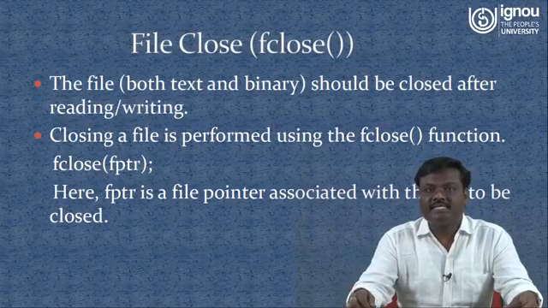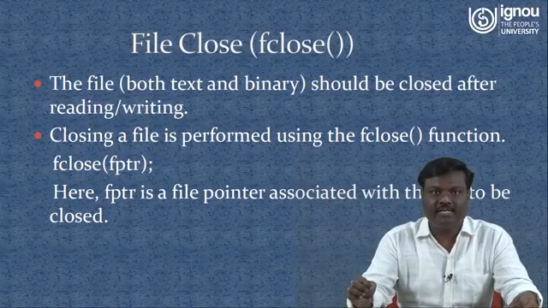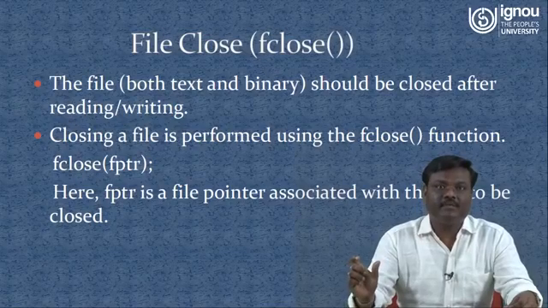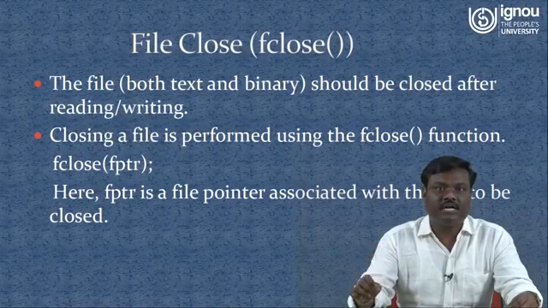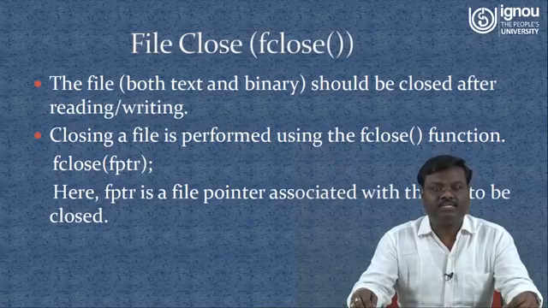You can see the syntax over here. You have to write fclose and within the braces a file pointer needs to be written. Suppose f1, f2, f3 are three file pointers that we had declared at the earlier stage and worked with during the programming part.